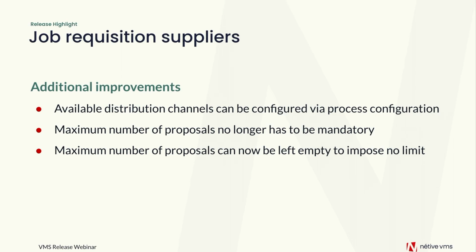Currently, some of our users will just enter 9,000 as a very high number to indicate that there's no limit to the amount of proposals. But with this new change, that's no longer necessary, and you can just leave the field empty to achieve the same thing, a better thing, arguably.